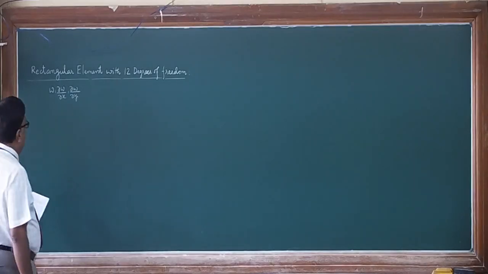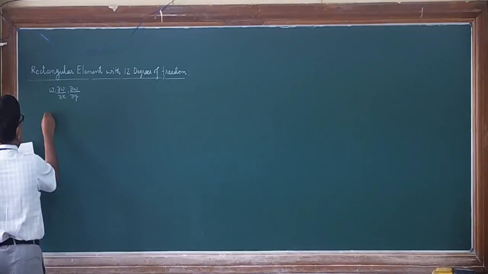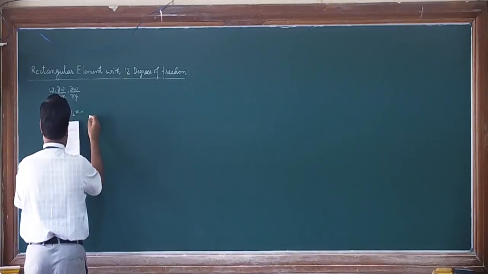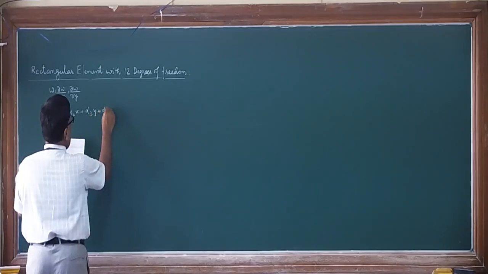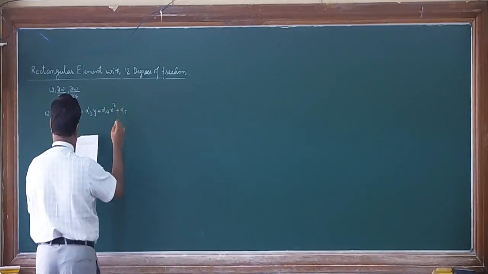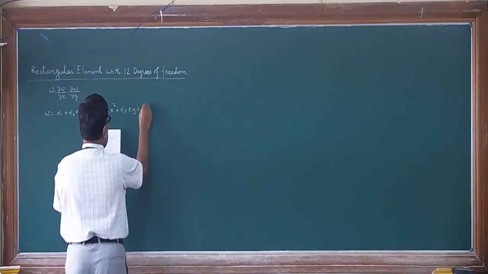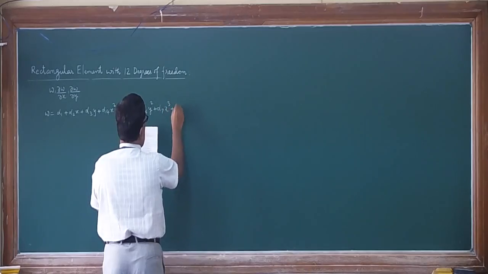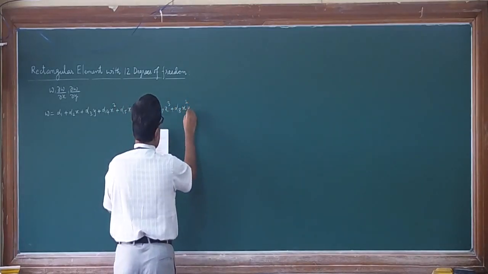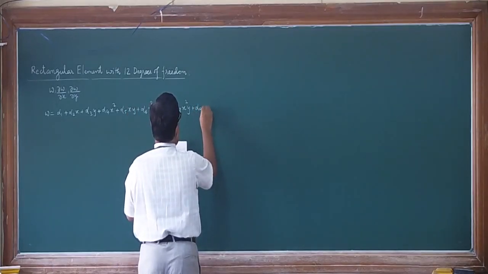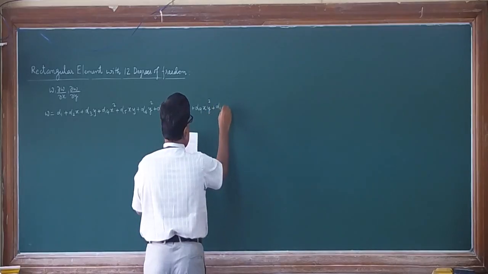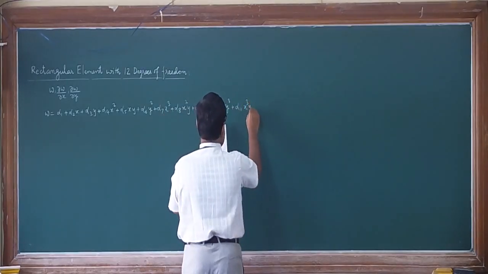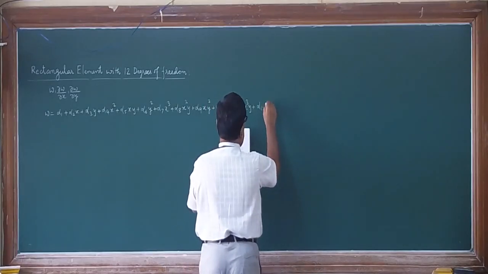Yesterday I already told you the polynomial contains the following terms. Let us say W is equal to alpha 1 plus alpha 2 X, alpha 3 Y, plus alpha 4 X square, alpha 5 XY plus alpha 6 Y square, alpha 7 X cube, alpha 8 X square Y and alpha 9 XY square, plus alpha 10 Y cube, alpha 11 X cube Y, plus alpha 12 X Y cube.